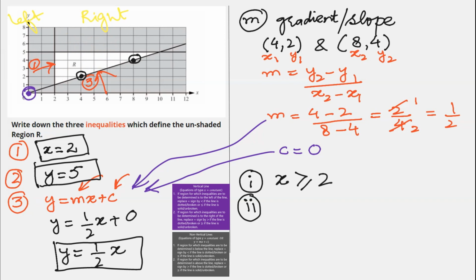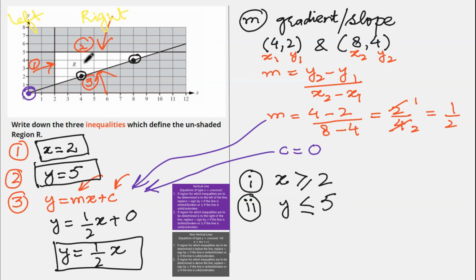Okay, so now for the second line, this is y equals 5, and if you look at your region, this region R lies below the line. So in this case, you replace your equal to sign by less than sign. So now y is less than or equal to 5.